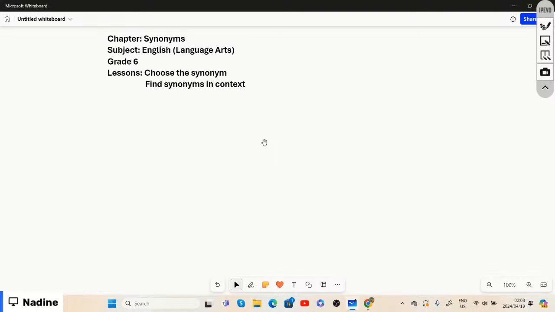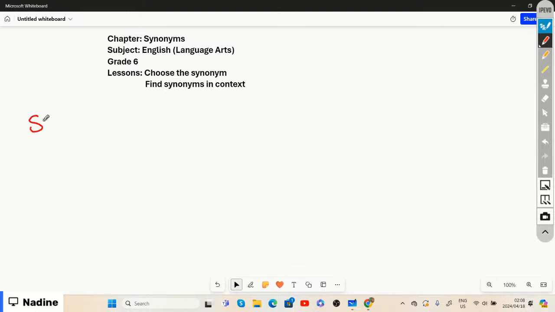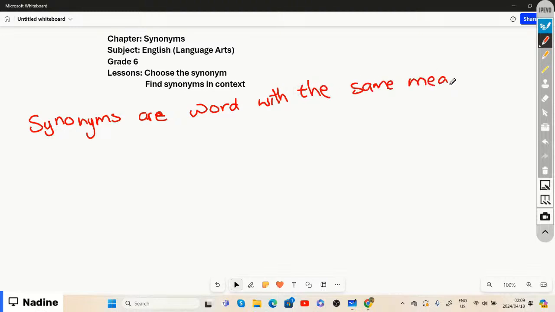All right, so we said words that are synonyms are words with the same meaning or almost the same meaning.